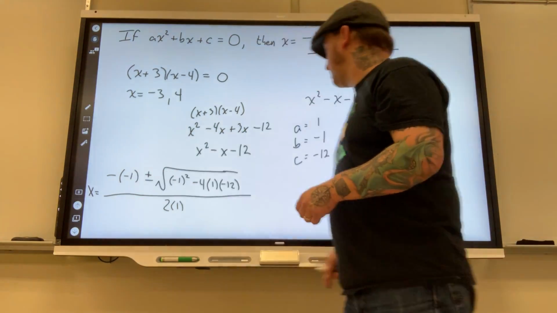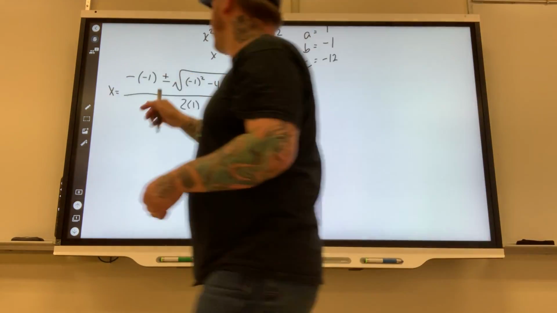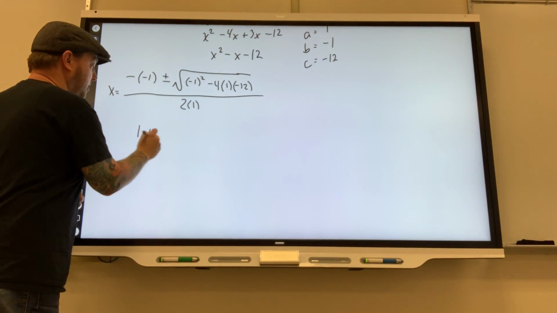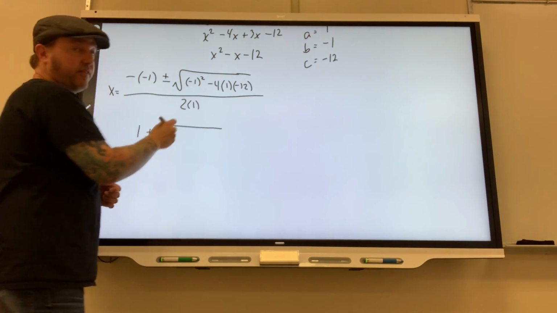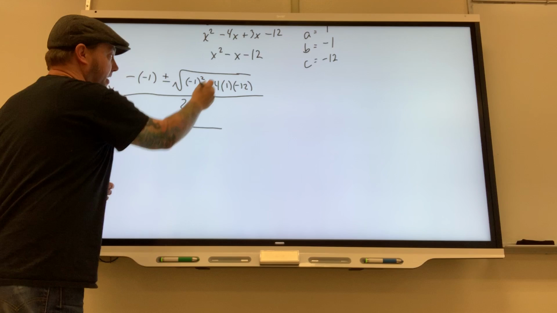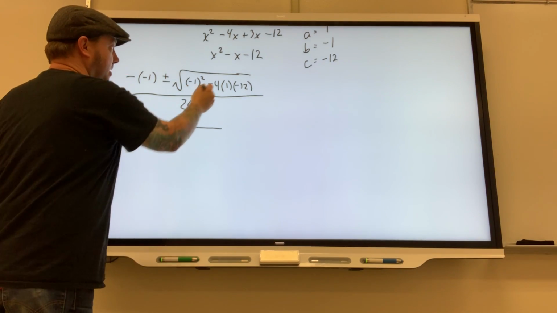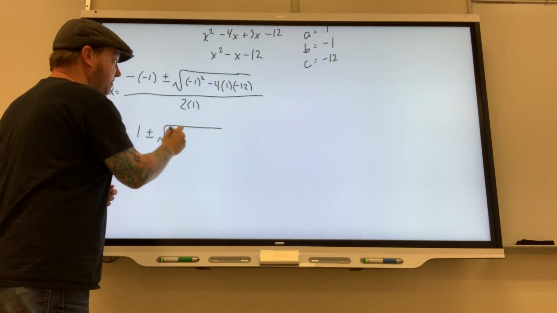Okay, so let's go up here. The opposite of -1 is just 1, plus or minus square root. -1 squared is 1, minus 4, well, let's work this out. -4 times 1 is -4, times -12 is positive 48.